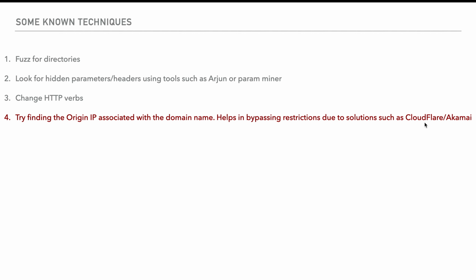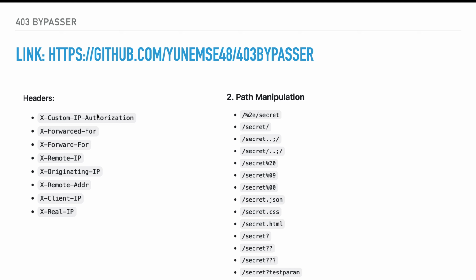Due to certain misconfigurations, only when you look up their DNS names do they go through Cloudflare. But if you know the actual origin IP, then you might be able to bypass a lot of restrictions. I have a complete video about how you can find the origin IP, so it's worth checking out. So let's talk about the first tool and the theory behind it.